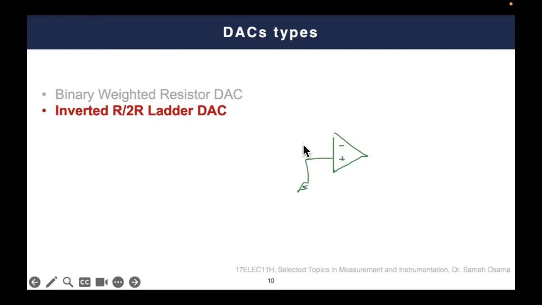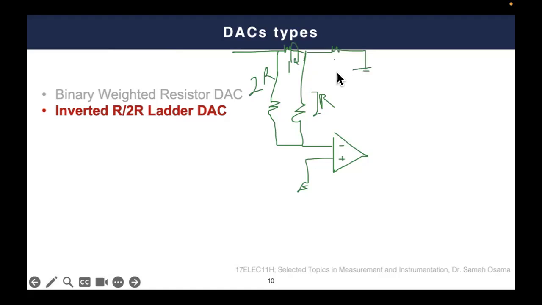Here we have the first branch, and also the second branch, and these two branches are connected with a resistance. This is the input voltage. The values here: this is 2R, and this is 2R, and this is R. Based on that, we also have a resistance here to the ground with a value 2R.